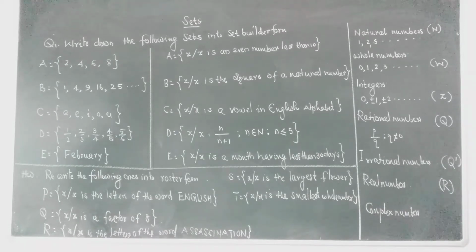Then come the rational numbers, all in the form of p upon q, where q is not equal to 0. Every number in this group will be rational, provided it is in the form of a fraction, where both the numerator and the denominator are integers, like 1 upon 2, 7 upon 9, 6 upon 4.